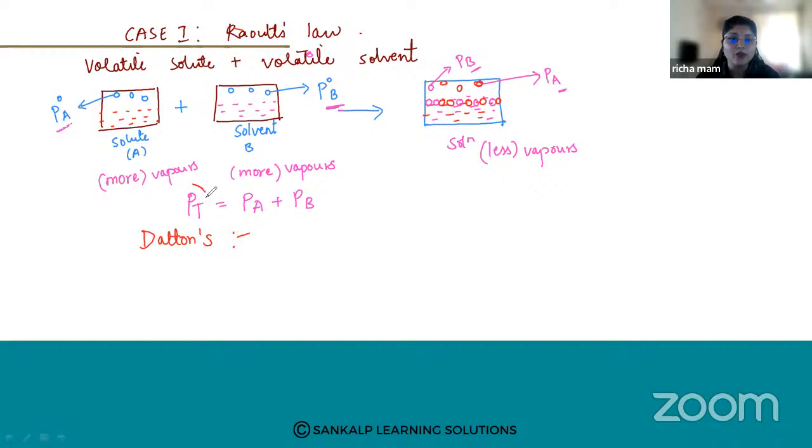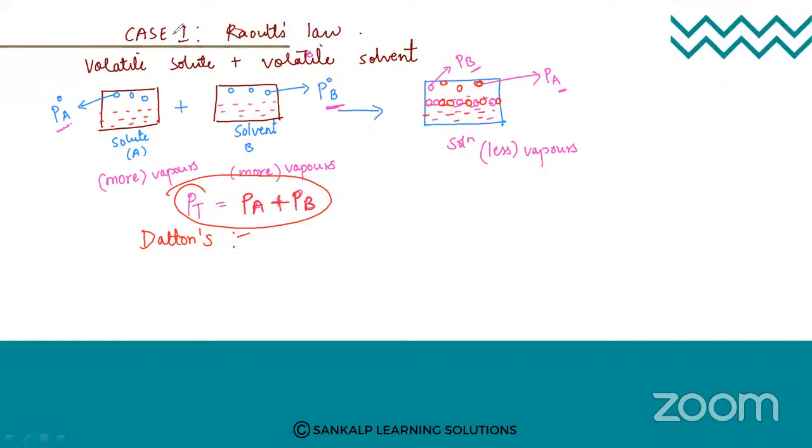So when you want to calculate the total vapor pressure, you have to calculate the vapor pressure of each component. How many components are there here? Component A and component B. So I'm taking the sum of both these components. This is your Dalton's theory, and we are applying it.